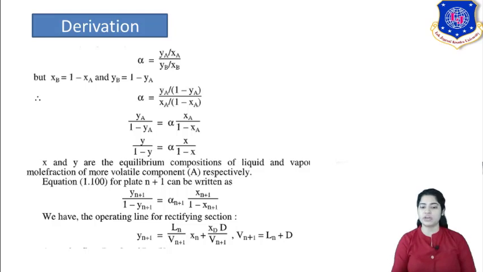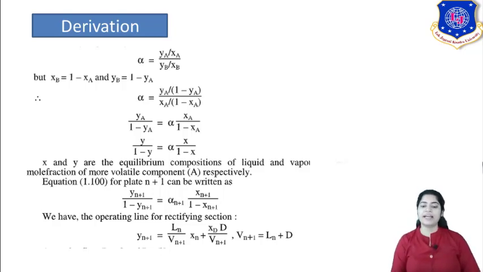So the final form is Y upon 1 minus Y is equal to alpha into X upon 1 minus X. For any plate n plus 1, we write it as Yn plus 1 upon 1 minus Yn plus 1 is equal to the relative volatility of that n plus 1 plate, alpha n plus 1, into Xn plus 1 upon 1 minus Xn plus 1. For any plate you write it that way.